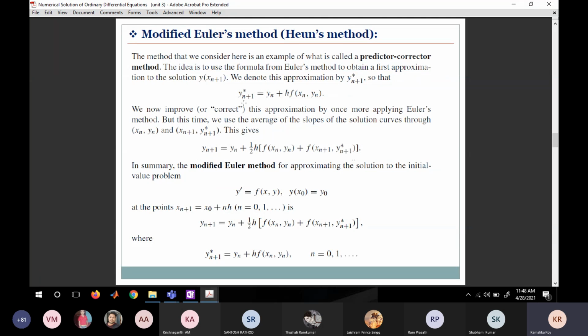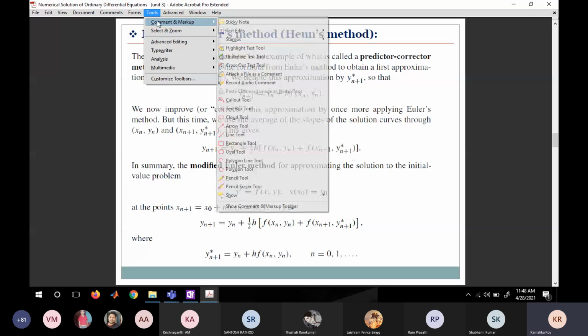This is also called the predictor-corrector method, because firstly we are predicting using the regular Euler method, then we are correcting that guess with the modified Euler method. So this can be considered the predictor, and then we are correcting.